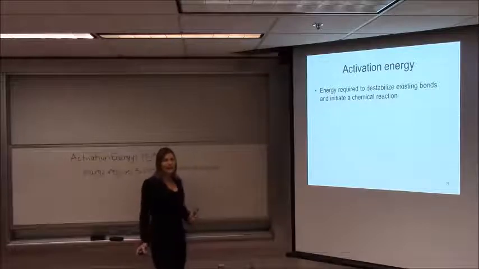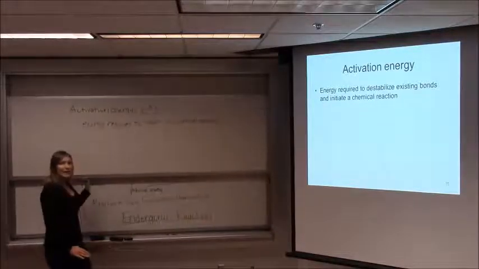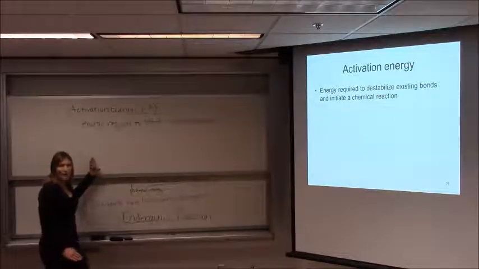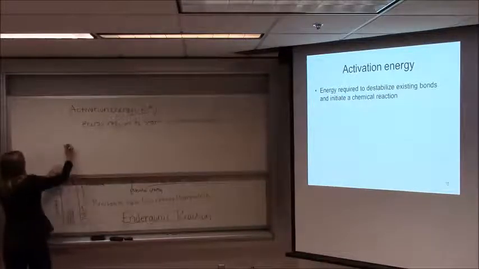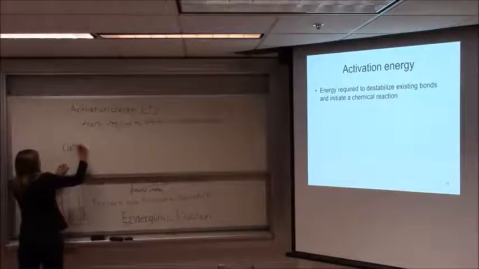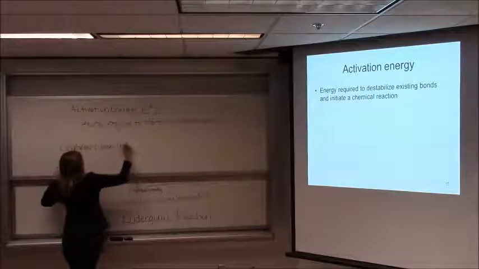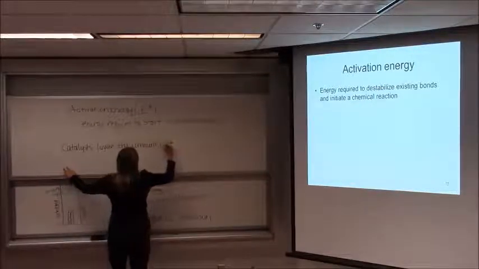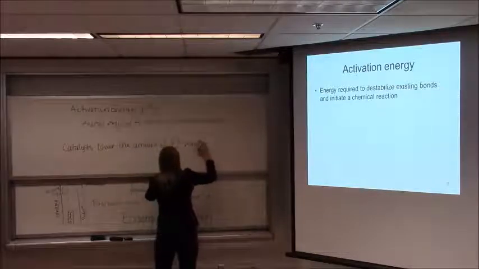Enzymes play a very important role in this. What do enzymes do? Enzymes lower the amount of activation energy required to start a chemical reaction. They are called catalysts. So catalysts lower the amount of EA required to start a reaction.